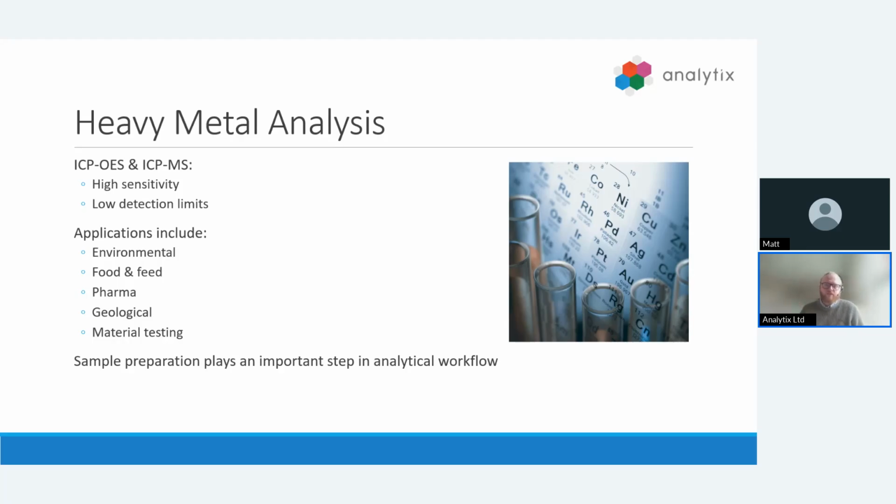Heavy metal analysis offers vital information on sample composition across a range of application areas. This includes application areas such as environmental testing, food and feed testing, pharmaceutical industry, geological and material testing as well, such as battery testing, lithium-ion batteries, and composites, just to name a few.